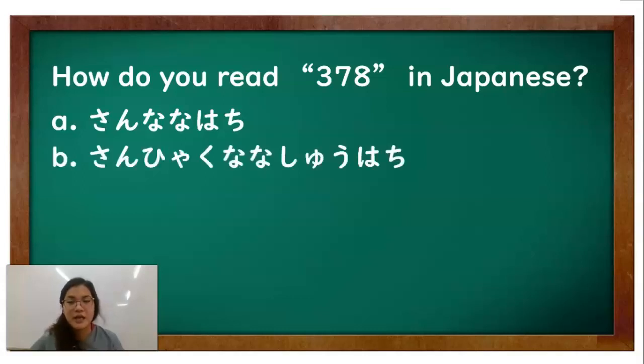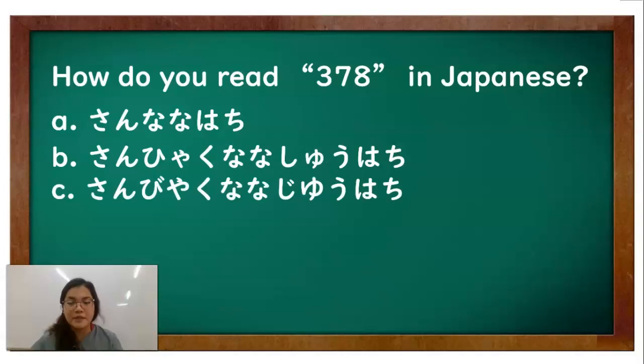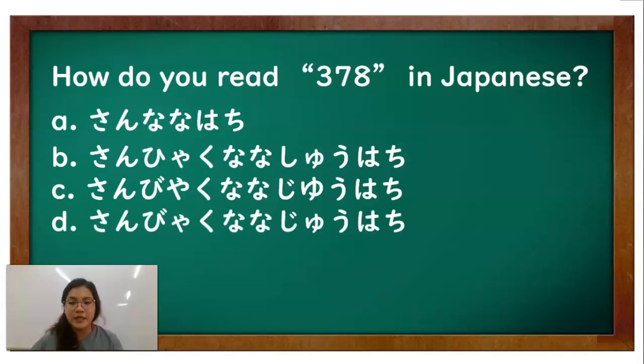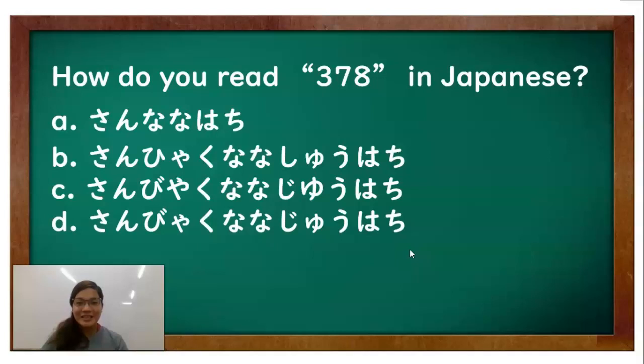B. Sang hyaku nanajihachi. C. Sang byaku nanajuhachi. Or D. Sangbyaku nanajuhachi. Okay, and the correct answer is letter D. Sangbyaku nanajuhachi. Okay, so I hope you got it right, minasan.